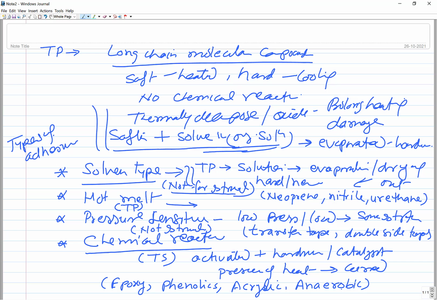These are the common thermosetting type chemical reaction based adhesives. Okay.